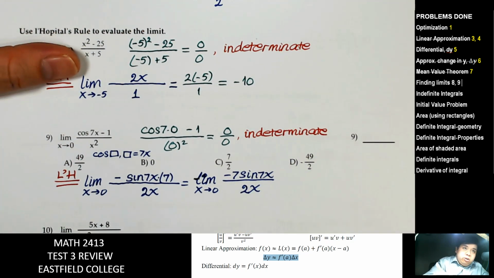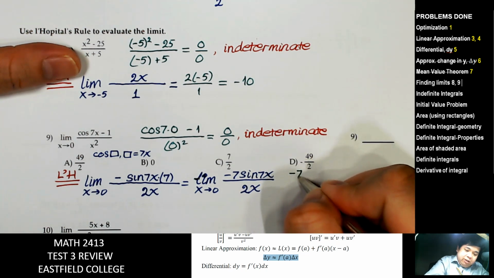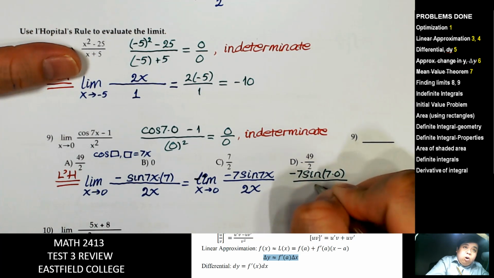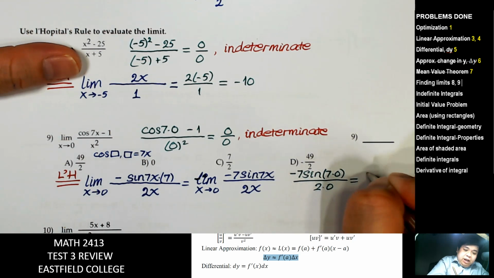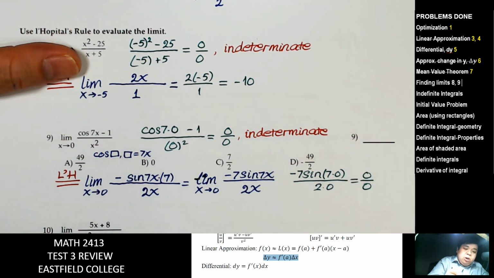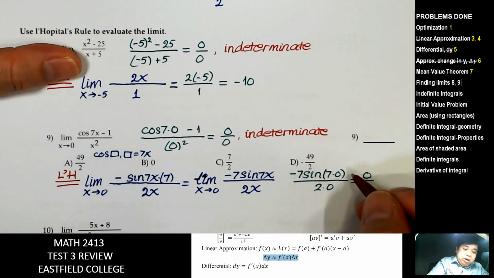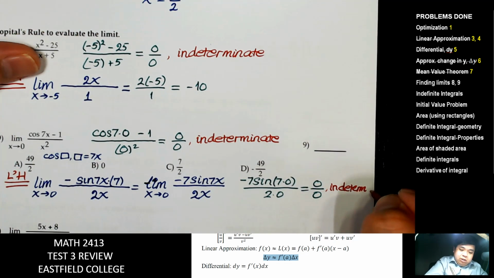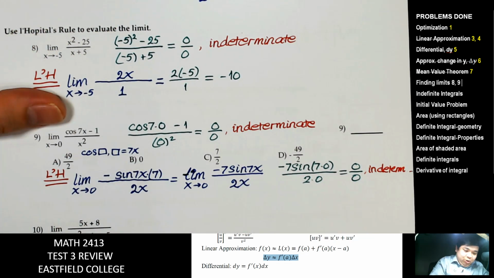And put 0 in: negative 7 sine of 7 times 0 over 2 times 0. And sine 0, we have 0 over 0 indeterminate again. For now, just to get the idea.